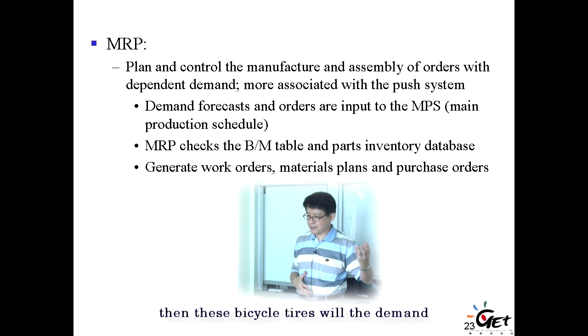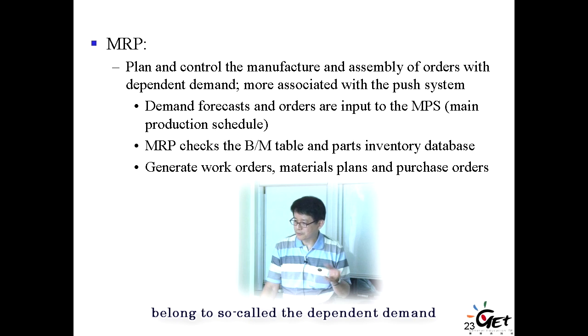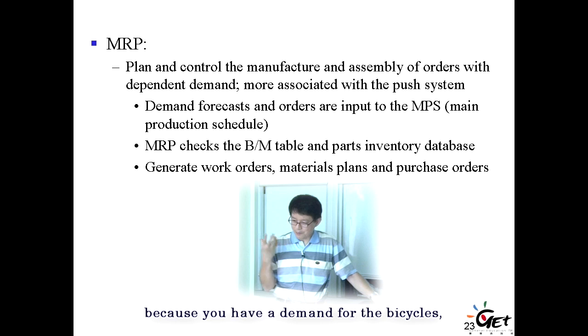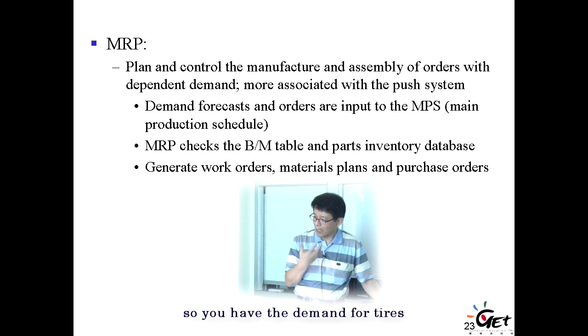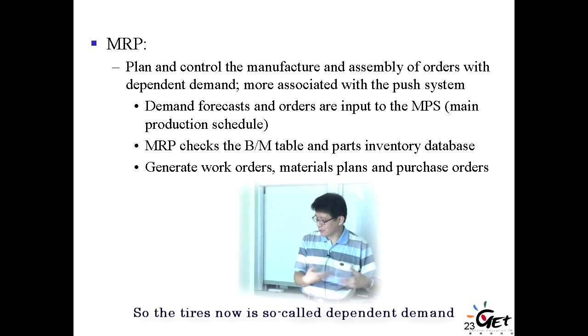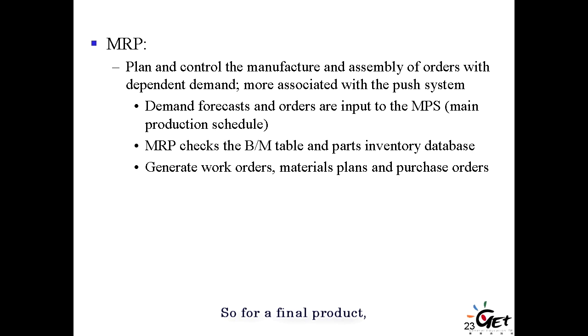Then the demand for these bicycle tires belongs to the so-called dependent demand, because you have the demand for the bicycles, so you will have the demand for the tires. So for final products, the components that make up the product will belong to this kind of demand, the so-called dependent demand.